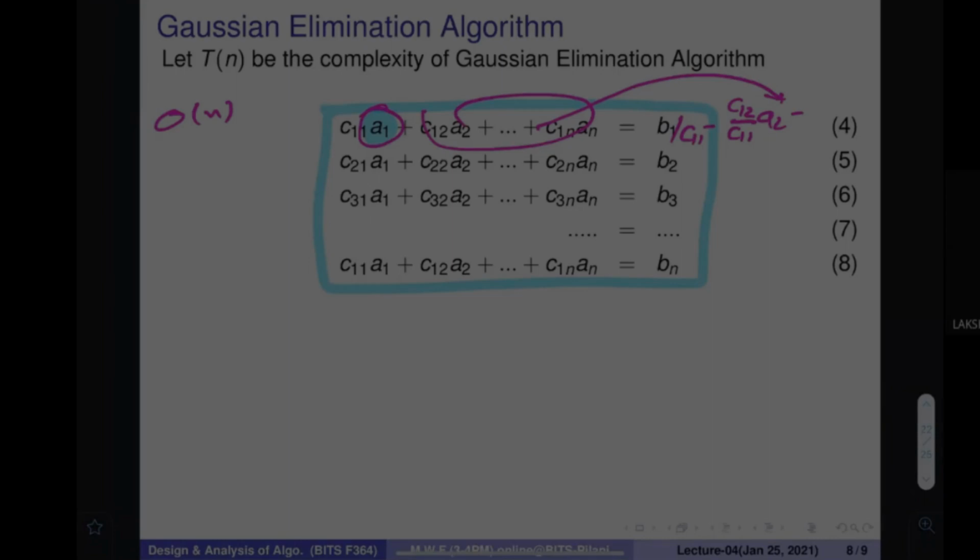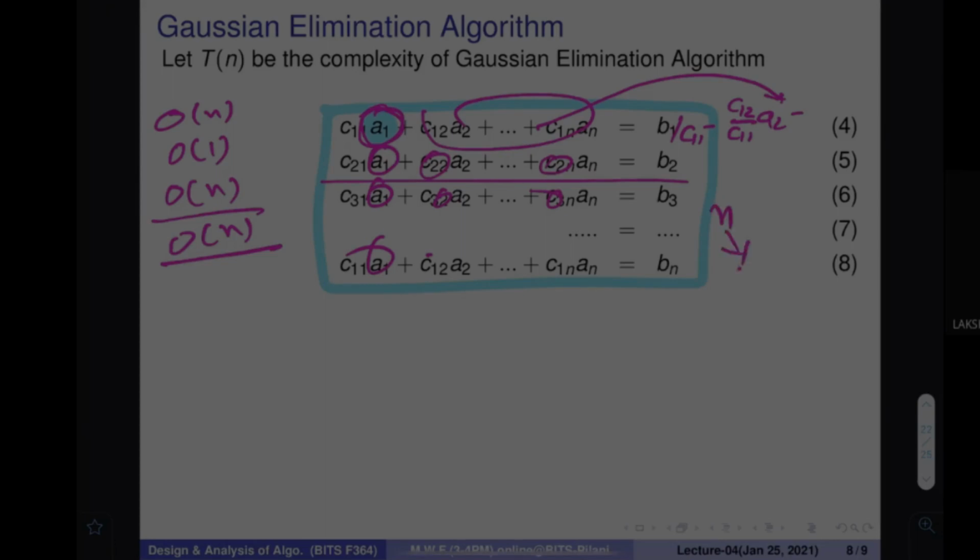Then you substitute this value wherever a1 appears, here, here, and here. How much time? Order of 1 each. You can substitute, but you have to rearrange them, because everywhere you have to find the new values. So total order of n time. In order of n time, you can reduce this n variable problem to an n minus 1 variable problem. Are you okay with this?